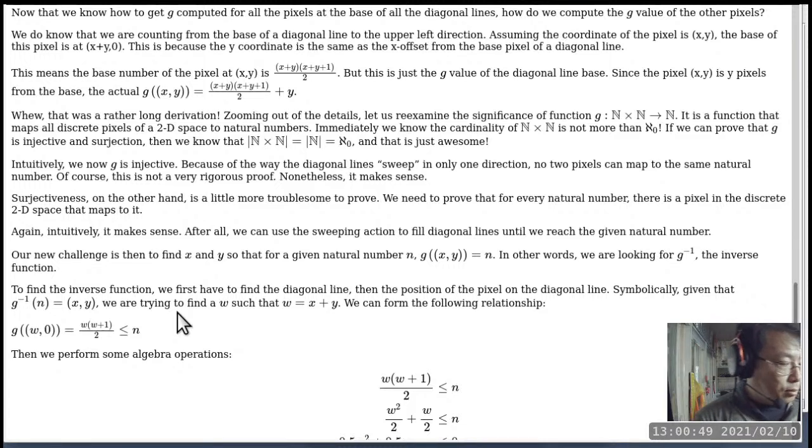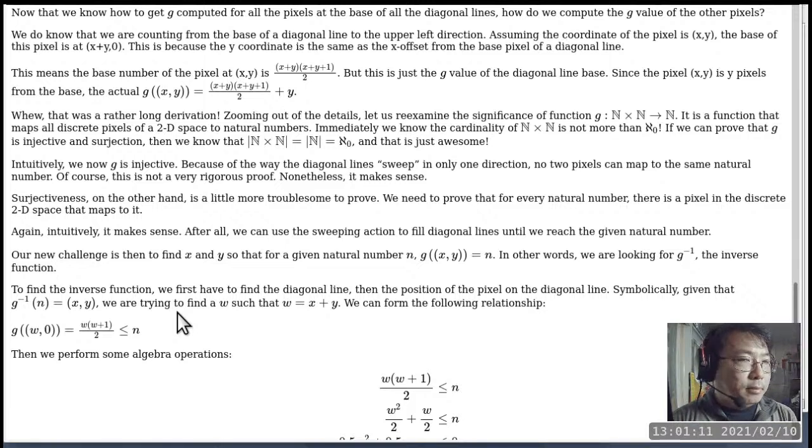So what we do is we say n is given, and we are trying to figure out x and y. The value is given, and we're trying to figure out where it is.